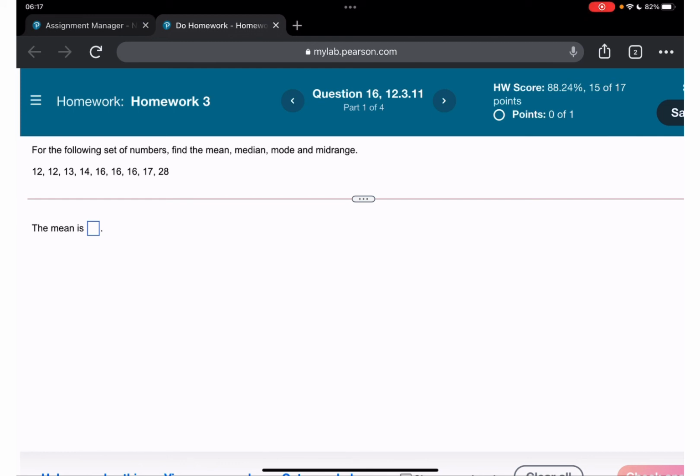So find the mean, median, and mode. So what numbers do we have? 12, 12, 13, 14.